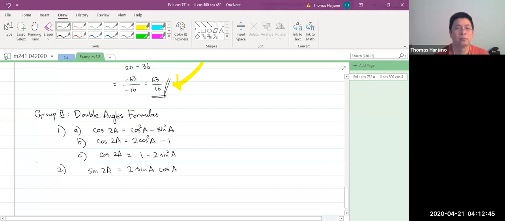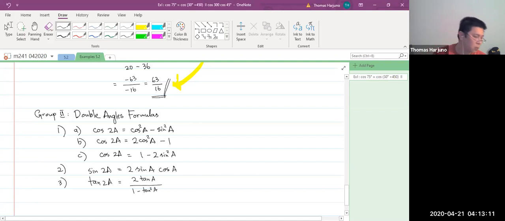And then the third formula, tangent 2a is equal to 2 tangent a over 1 minus tangent squared a. I need you to memorize these three formulas, and for the first one, all three variations.